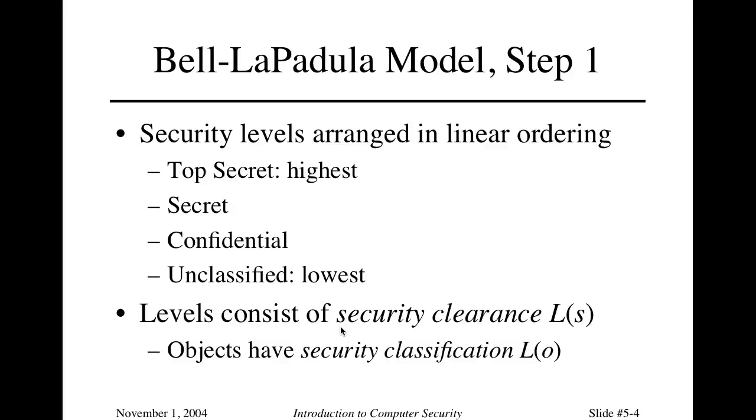More specifically, when we apply security labels to a subject, we call it security clearance. When we assign the security levels or security labels to objects, we call it security classification.